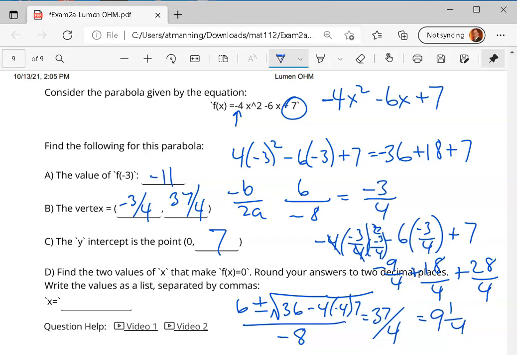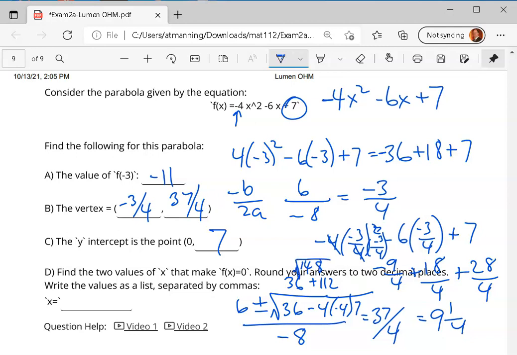Well, this is going to be calculator time for that one. So that's the square root of 36 plus 16 times 7, which is 10 times 7 plus 6 times 7, or 70 plus 42, which is 112. 36 plus 112 gives us 148.